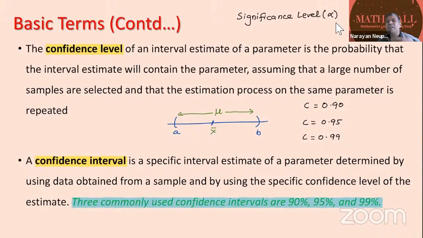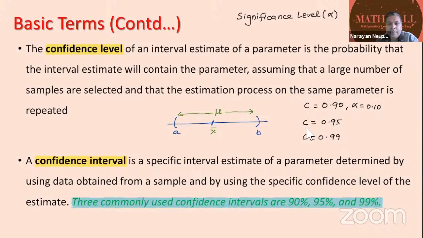That is the probability that it does not lie there. That means if C is equal to 90%, then alpha will be 10% chance that it does not lie there. So 10% or 0.10. So significance level is 0.10 if confidence level is 0.90.